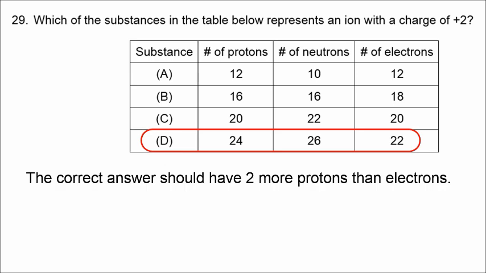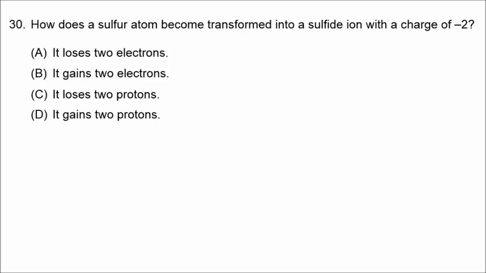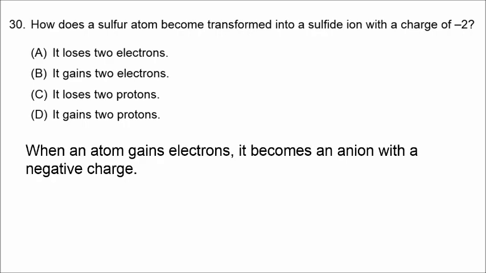So D is the correct answer. Now for sulfur to turn into a negative 2 charge, it becomes the sulfide ion. That means it's still considered sulfur. So we cannot change the number of protons, but to get a negative 2 charge, we are gaining 2 electrons.